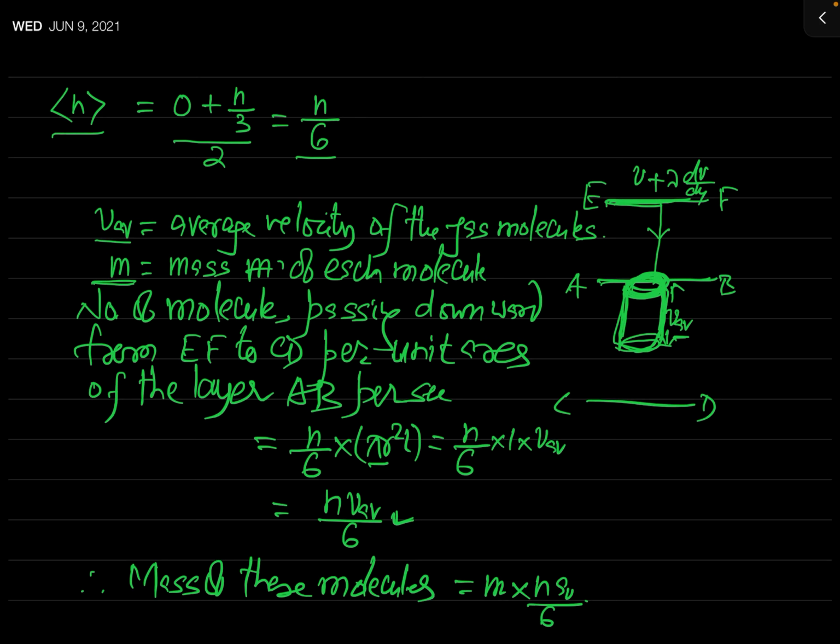When we want to calculate the loss of momentum, we simply multiply this mass of the molecules with the velocity of this layer.